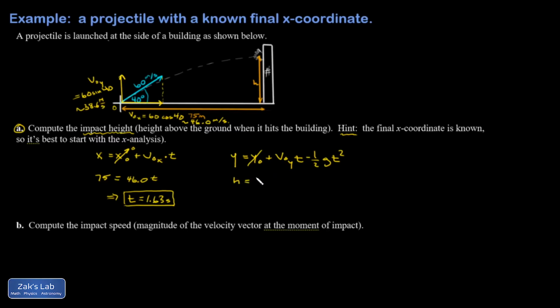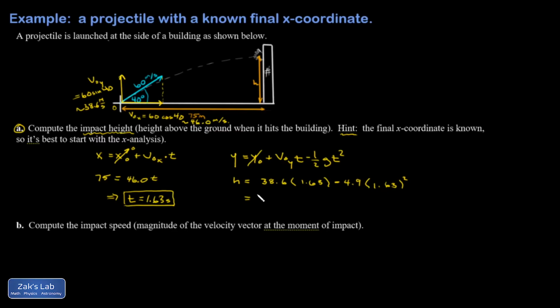So when t equals 1.63, I have my impact at a height of h. So 38.6 times 1.63. Half of g is 4.9, so minus 4.9 times 1.63 seconds, all squared.